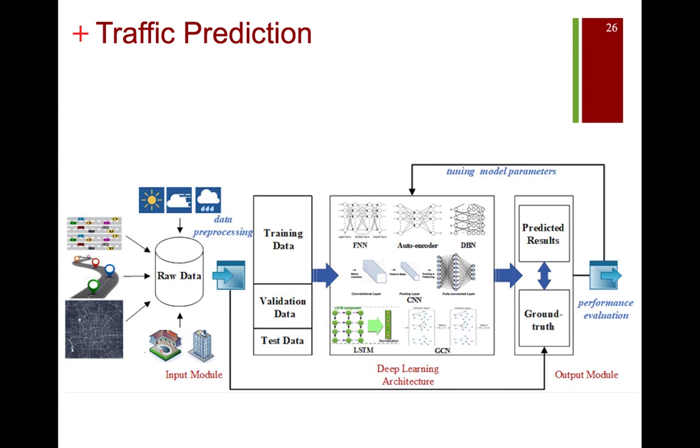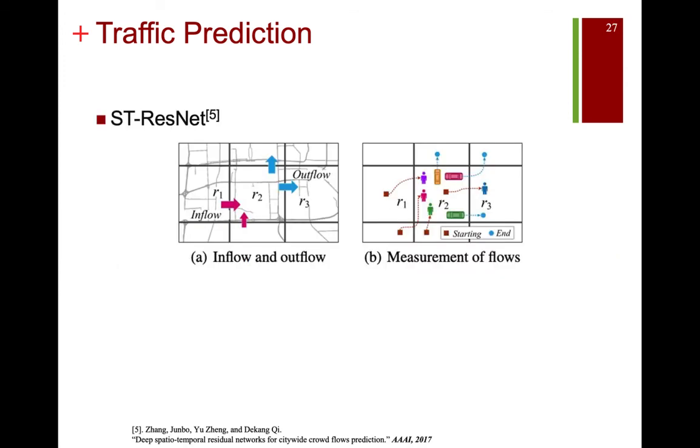So now let's have a look at one example of the traffic prediction model named the ST ResNet. This model focuses on the region-based traffic flow. It aims to predict the inflow and outflow for the regions. So firstly, it needs to partition the whole road network into grid cells, just similar with some of the previous works.